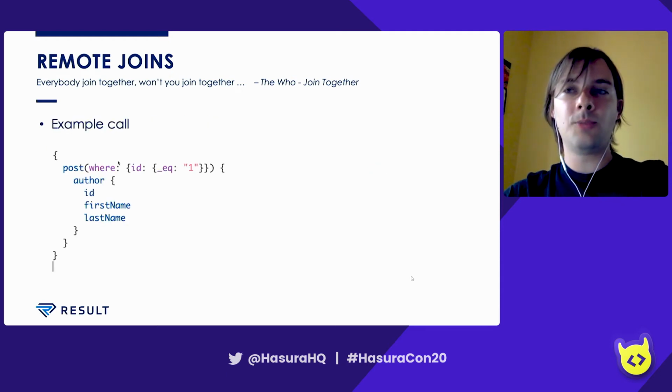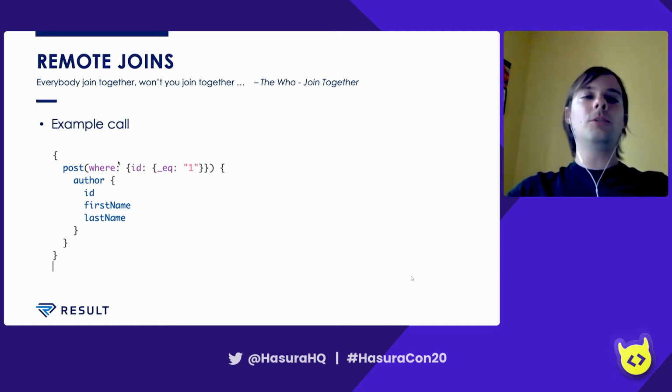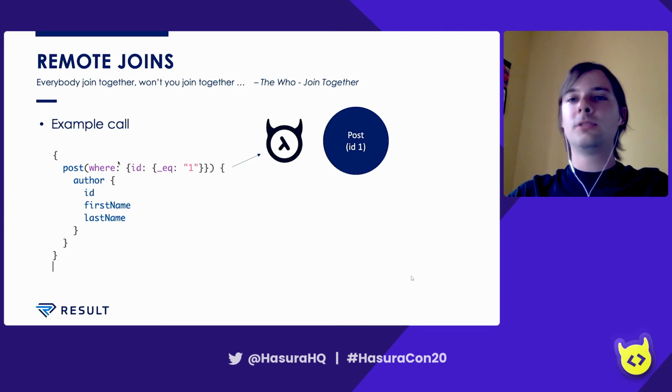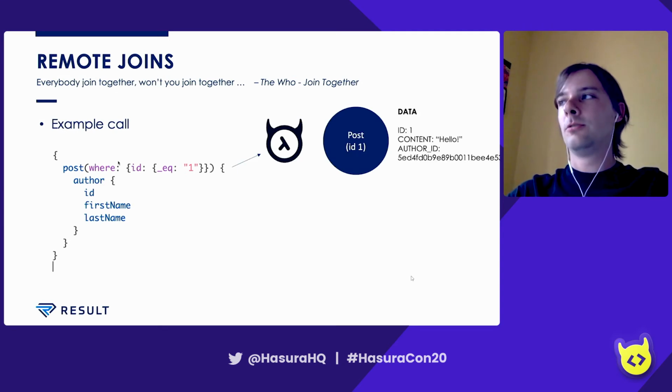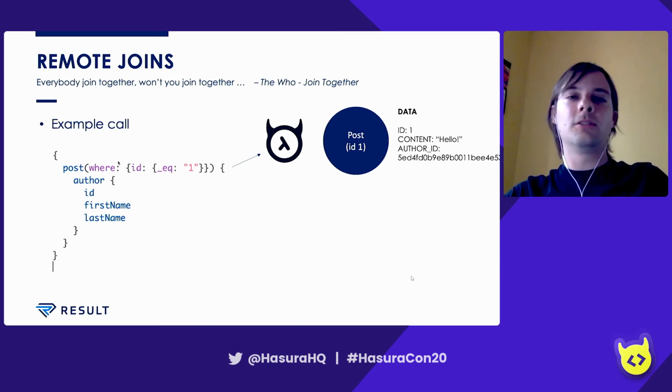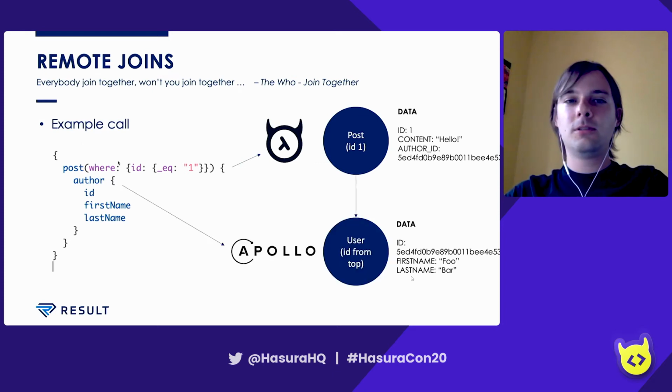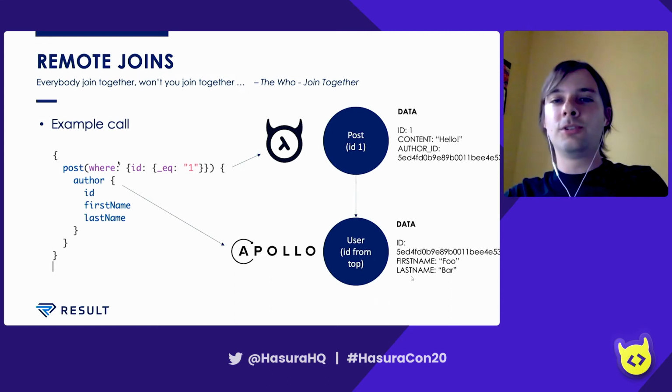And let's see an example call. So we are fetching a post where the ID equals 1, and we also fetch an author with the data we have in our existing Mongo database. So the first name, the last name, and the ID. And what happens is the post gets called from Hasura, so we fetch that data, and the author ID, which is also written in the content, we'll show that in the demo later on, will fetch the data from our Apollo server and automatically join the data together.